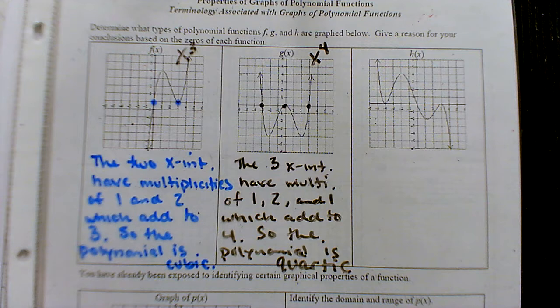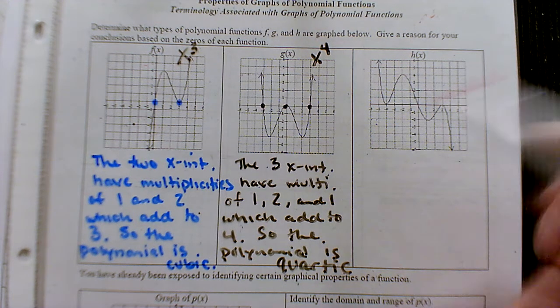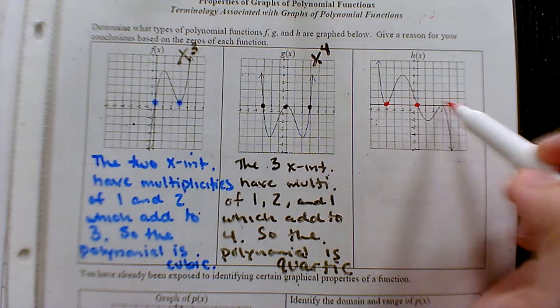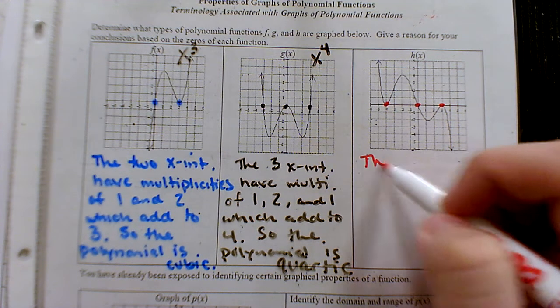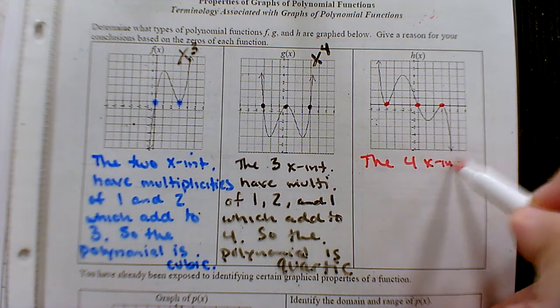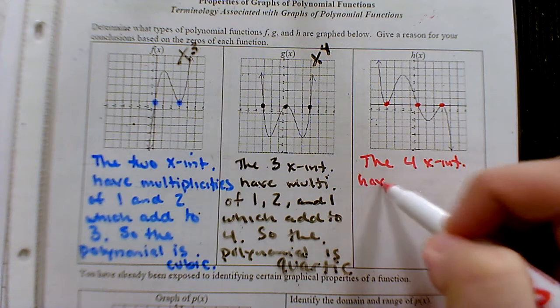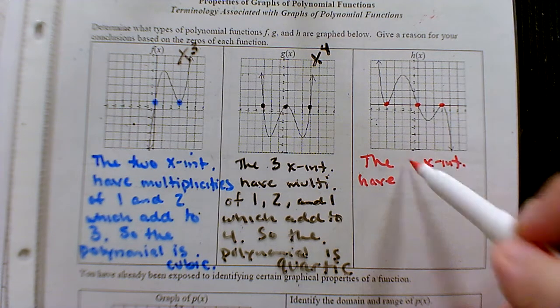Go ahead, Hannah. There's 3 x-intercepts, and 2 of them are multiplicity 2 and 1 of them is 1. So they add to 5. Quintic. Good.